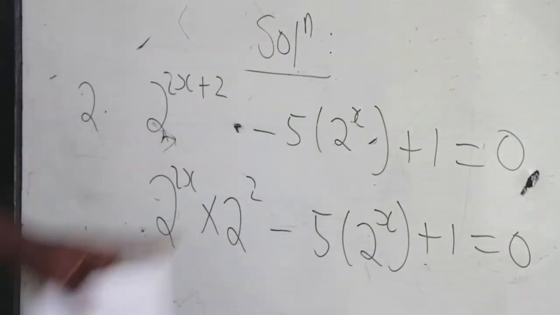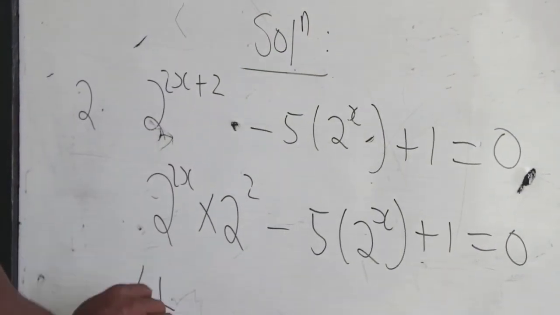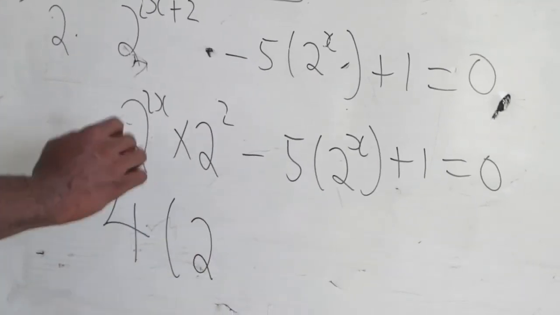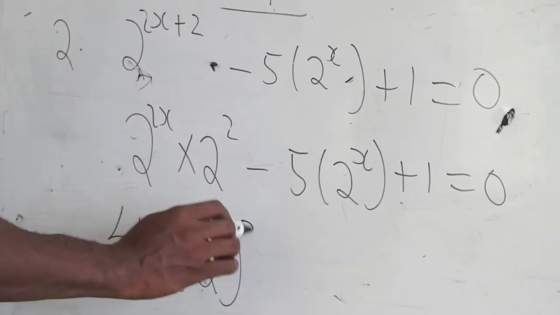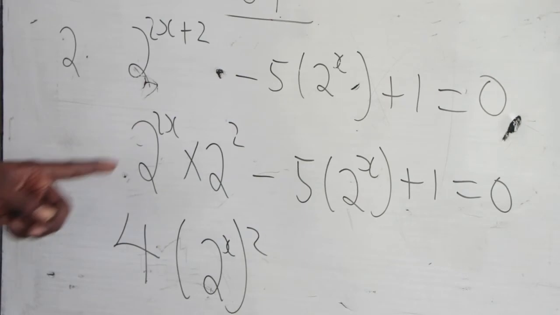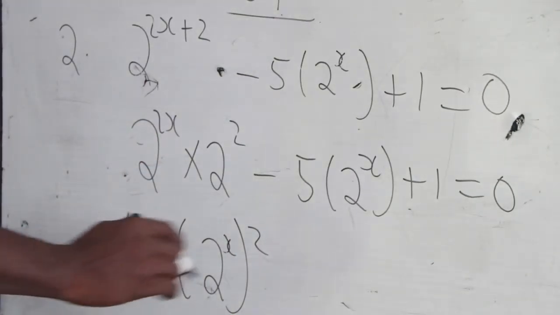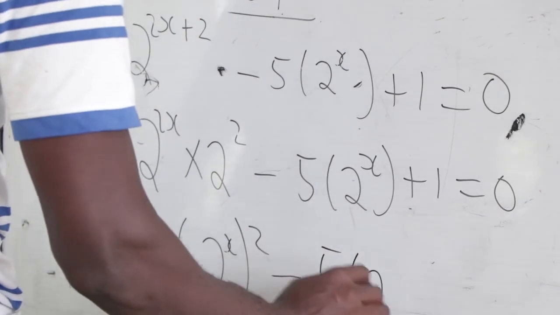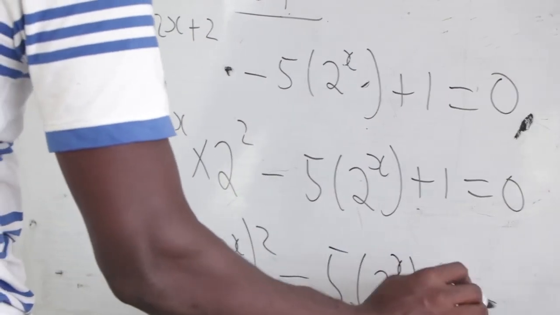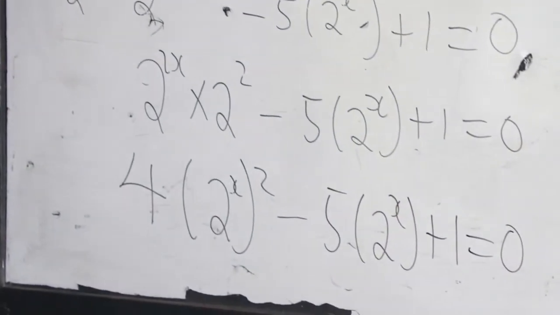Now 2 to the power 2 is 4, so you have 4 here. This can be changed to 2 to the power x, all to the power 2, because this can multiply this and we can get this.